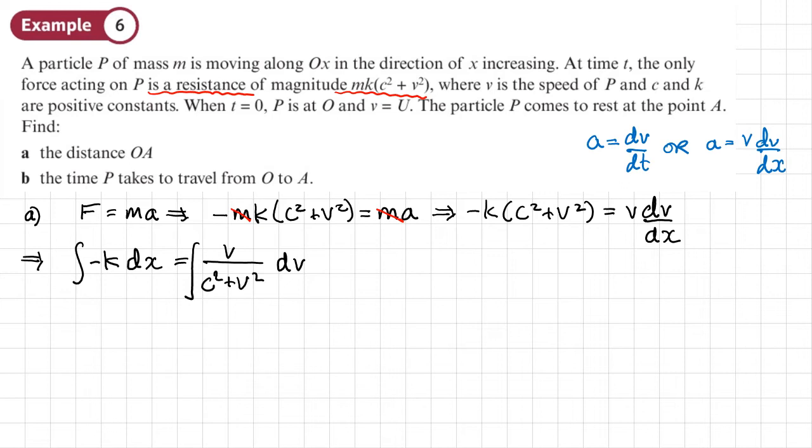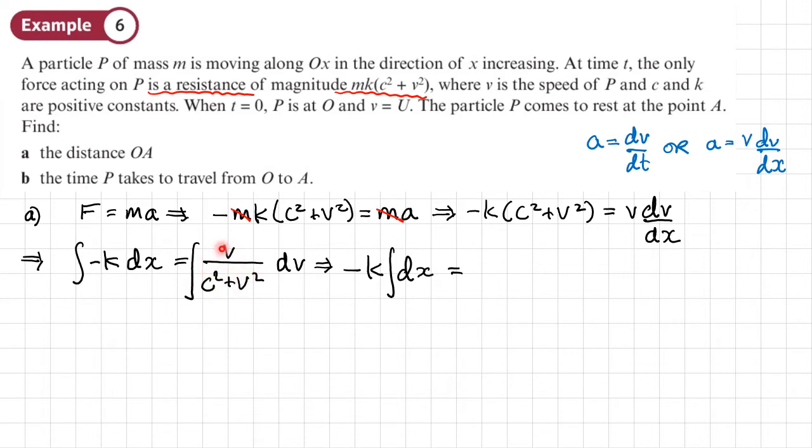Okay, so what I'm going to do first of all is look at the right hand side. Well, I can move the negative and the k over, they're both constants. So I could just put negative k and then the integration of dx, or like the integration of 1. On the right hand side I need to think, what method can I use to integrate this?